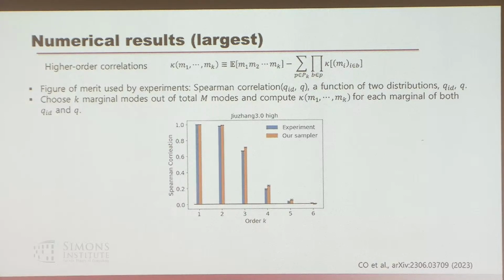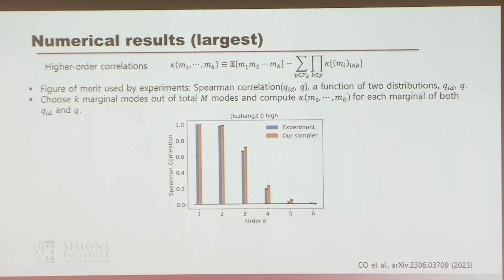And this is one result, the important result here. The x-axis is the order of this correlation. So if I say k equals 3, then we are choosing 3 marginal modes. And as I said, we now computed this Spearman correlation function, which is the y-axis.